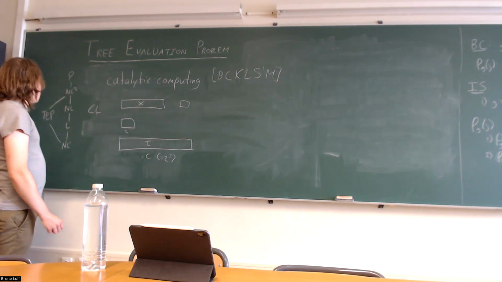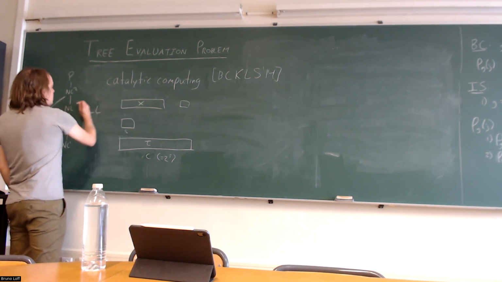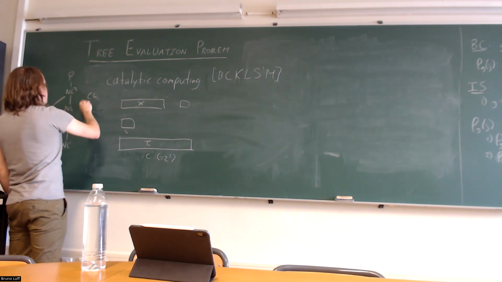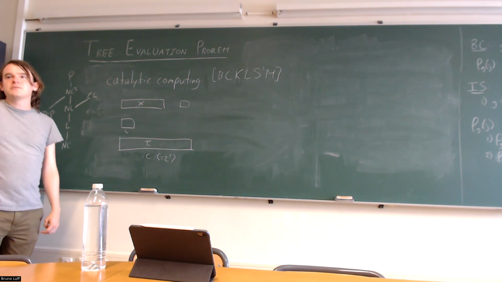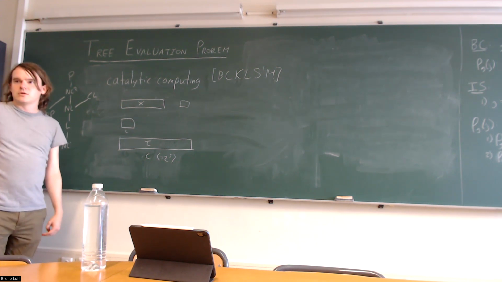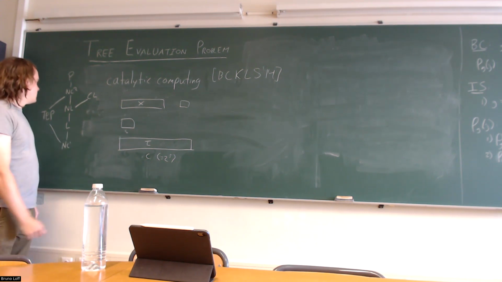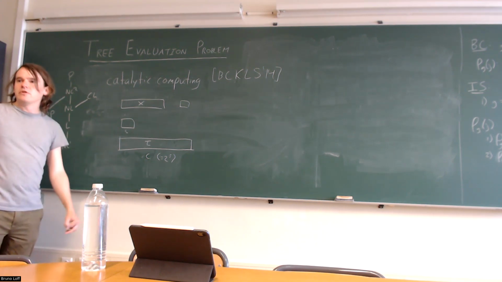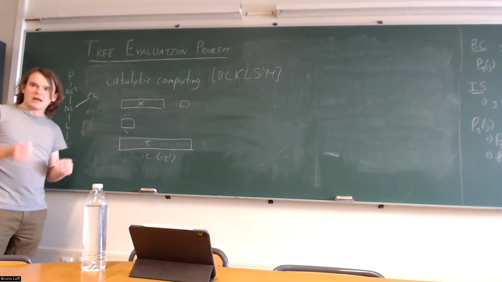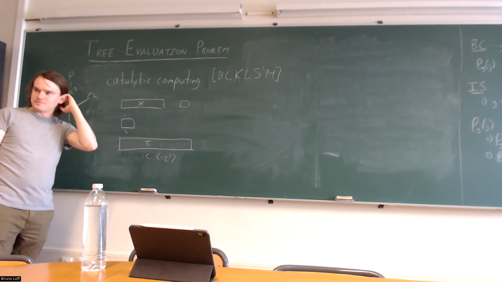And the answer that they gave is that you can get nondeterministic log space. So this class, CL, is by all beliefs strictly more powerful than log space, and it captures actually interesting problems.